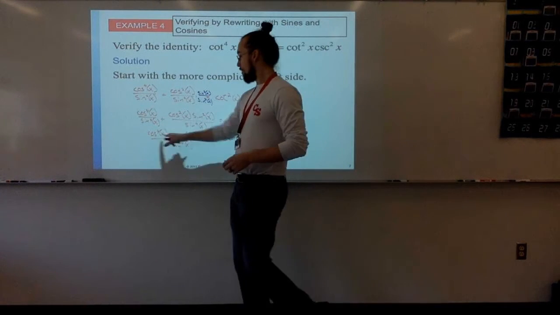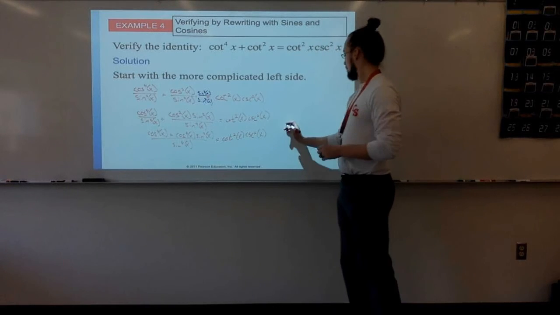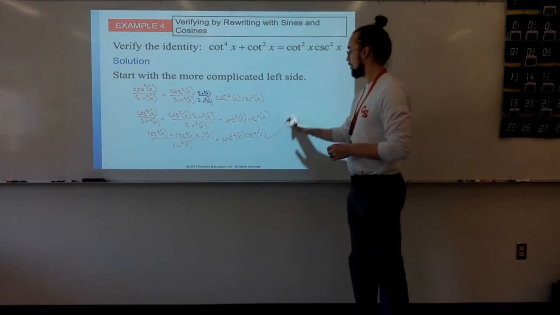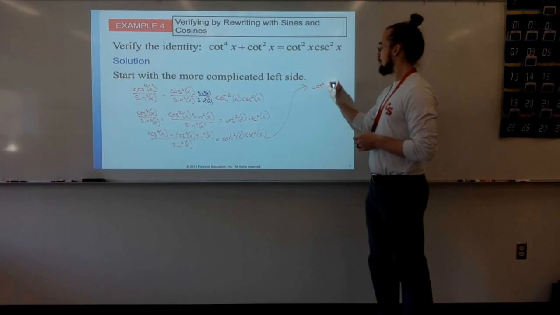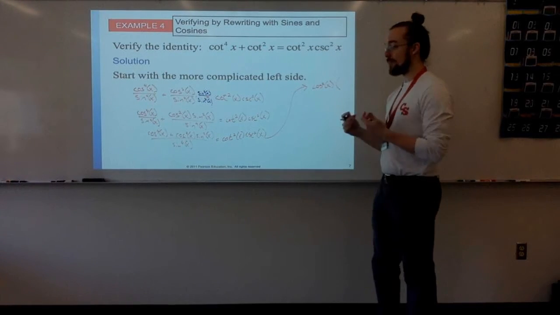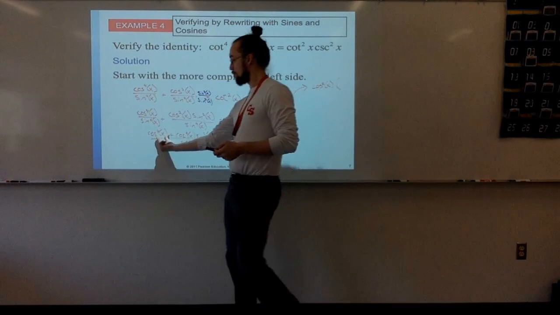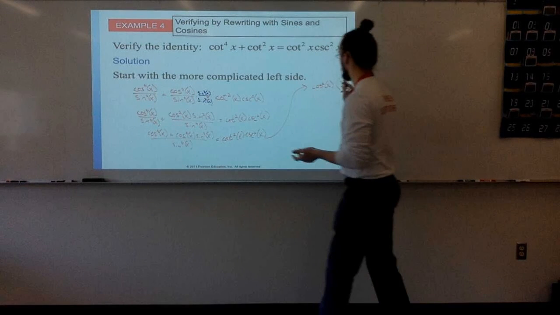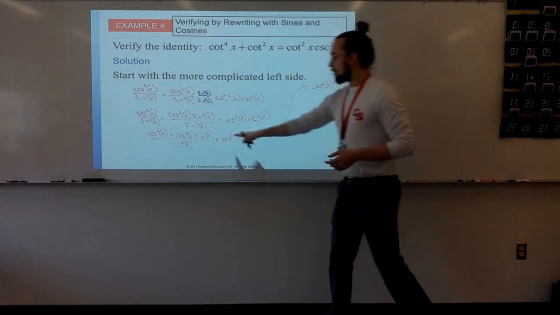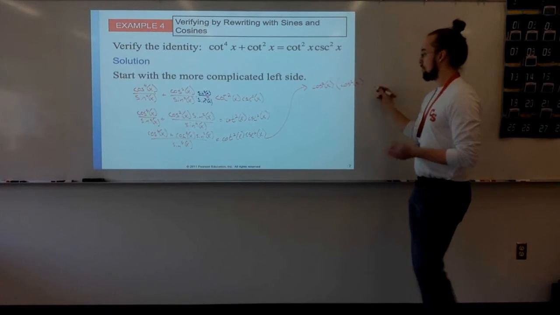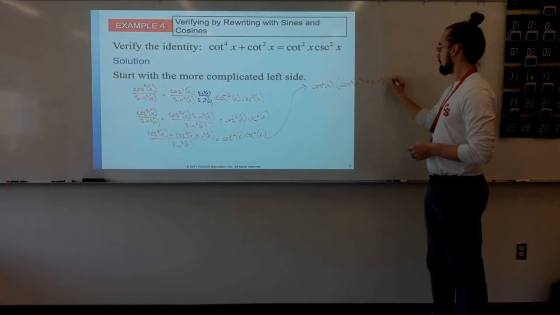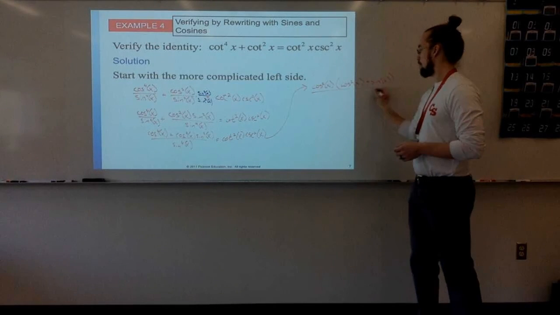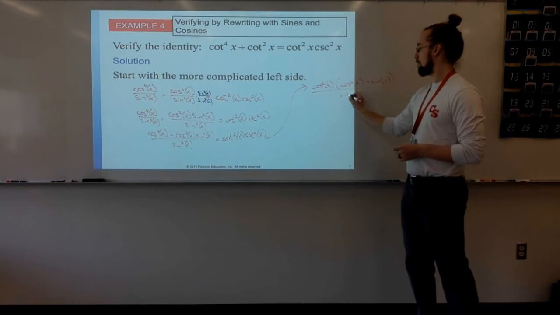If I factor out a cosine squared, I'll have cosine squared of x, and then I'll be left with cosine squared here. And then over here, I would just be left with sine squared. That's all still over sine to the fourth.